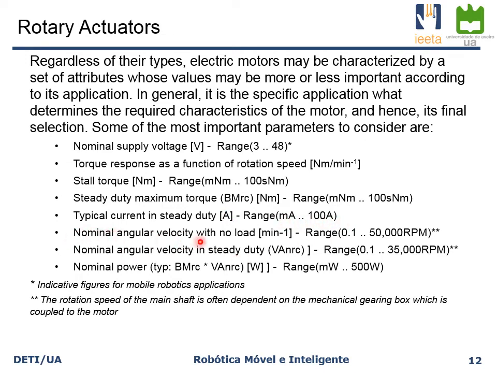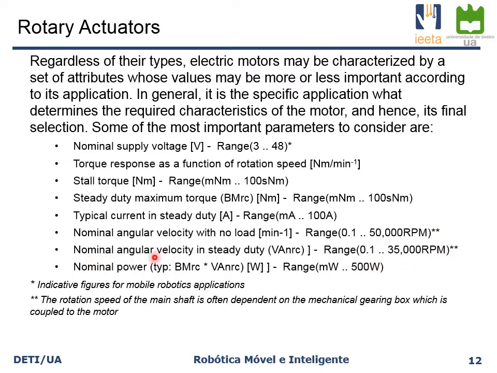Nominal angular velocity with no load. That is when there is no load, so the rotor is rotating freely. And also the nominal angular velocity in steady duty. That is when there is a weight and a load applied to the motor. The ranges can go from, for instance, 0.1 RPMs to 50,000 RPMs.